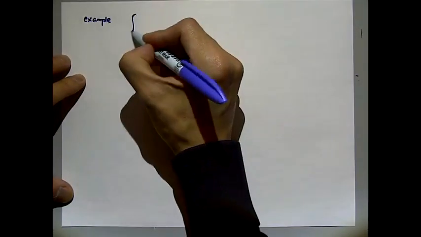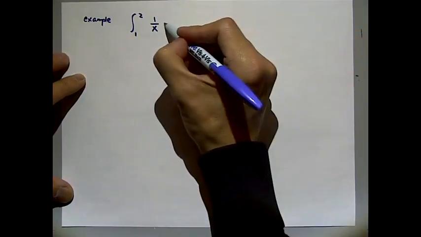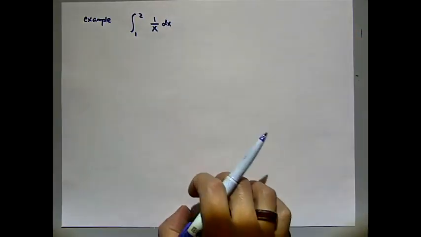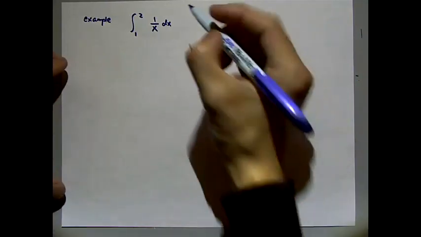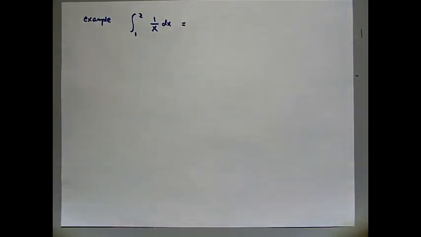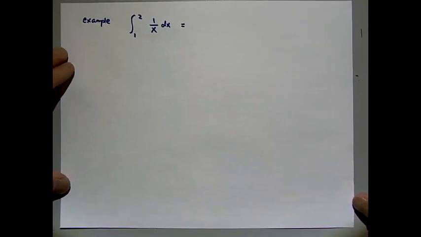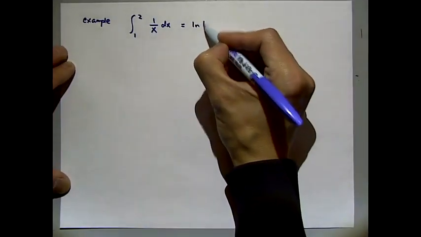Here's another example that we did last time. Remember, there was one special exception to the power rule when the exponent is equal to -1. And that special rule gives you natural log of the absolute value of x.